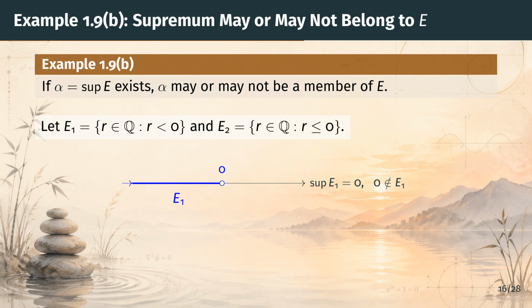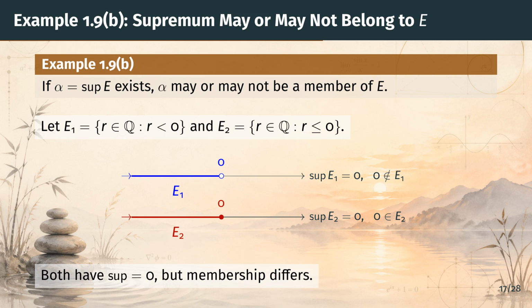Consider E sub 1, the set of all rationals strictly less than 0. The supremum is 0, but 0 is not in E sub 1, because we required strict inequality. Now consider E sub 2, the set of all rationals less than or equal to 0.